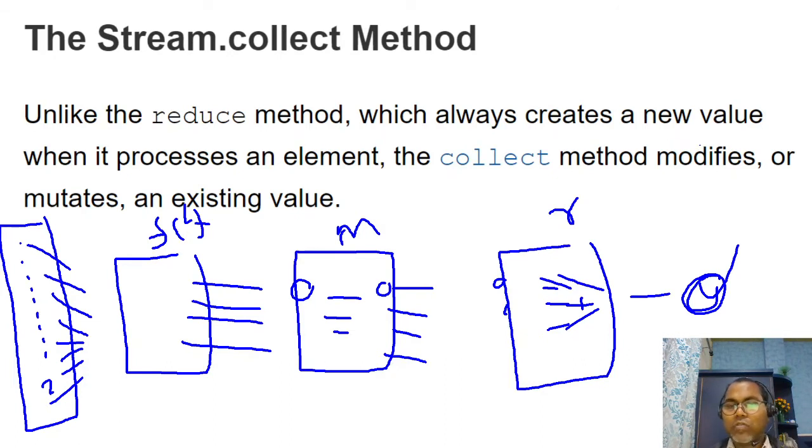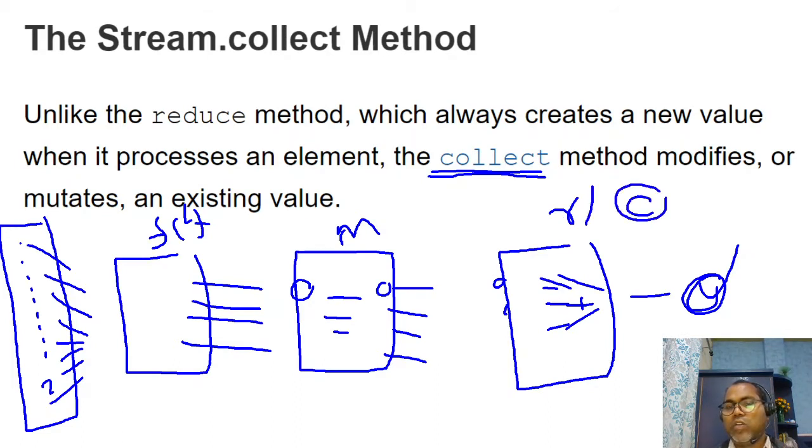In this reduce, sometimes we have to use the collect function as well. So the Java library offers a very exciting function known as collect. Instead of reduce, you can use the collect function.